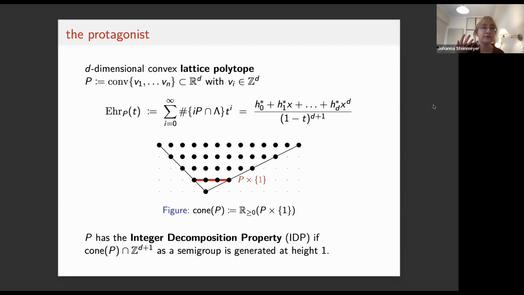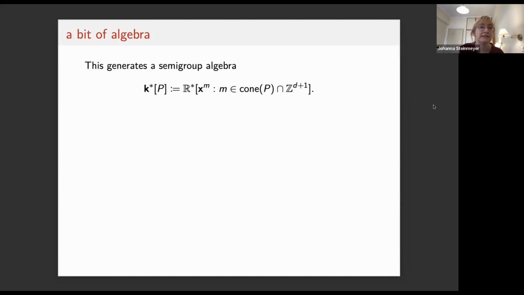Okay, if we want to do a bit of algebraic combinatorics, a semigroup is not going to be enough. We want to take an algebra over that semigroup. So pick your favorite field and put the semigroup as the exponents. Take an x to the m for every m in the semigroup algebra.